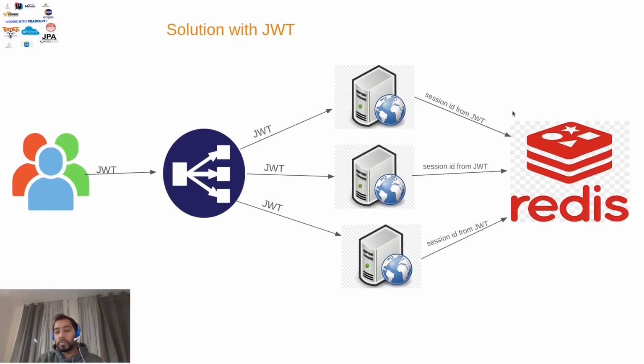The benefit of Redis is that it has many replicas. You can create a Redis with 2 shards, so that there will always be replicas for Redis. If one goes down, another can easily serve you. So in this case, you can easily solve the problem using JWT.